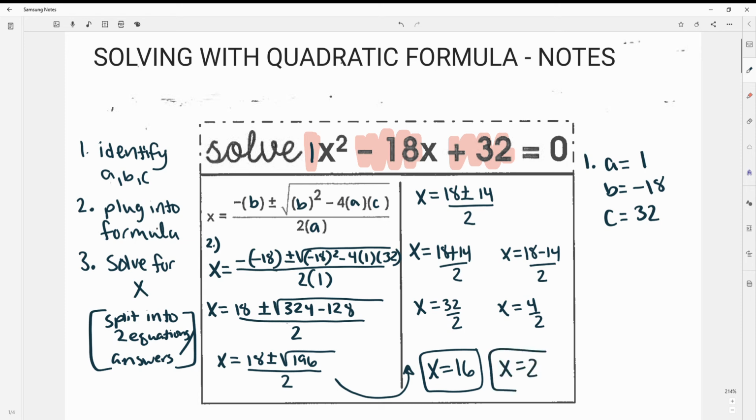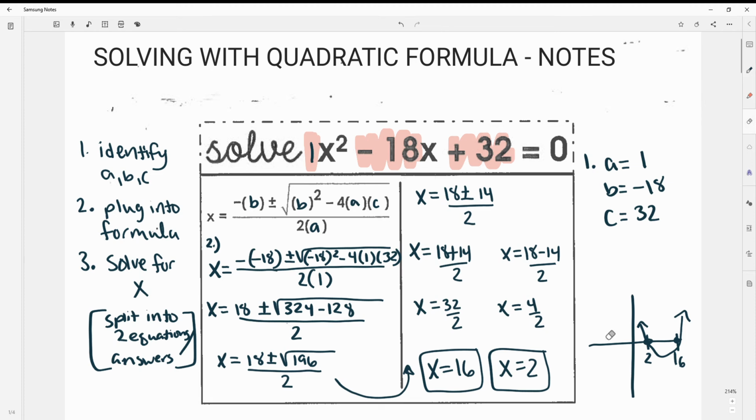Is it okay to have 2 answers with a quadratic? Yeah, we usually got 2 answers when we factored. And what that means graphically is that 2 and 16 are the zeros of the function. So it's touching the x-axis twice.